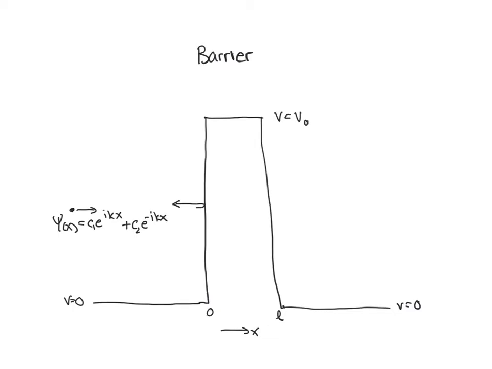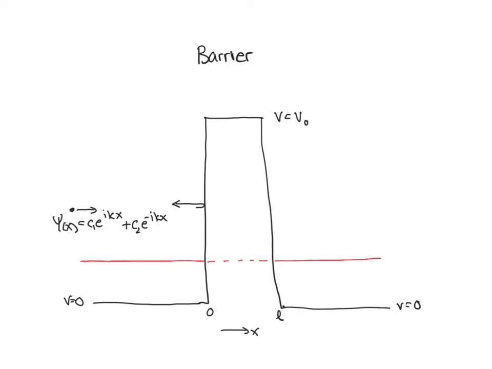So I have to include the possibility that my particles are also traveling in the minus x direction. However, when it hits this barrier, if the energy is less than V naught, there is a probability that my particle is going to be inside that barrier.